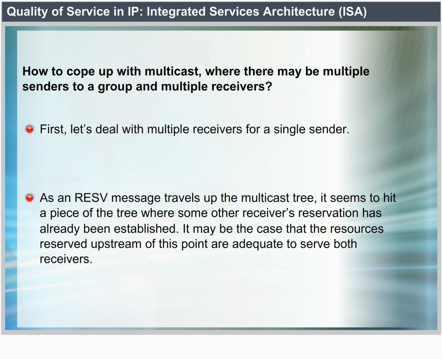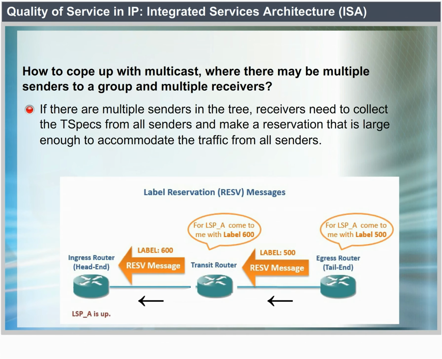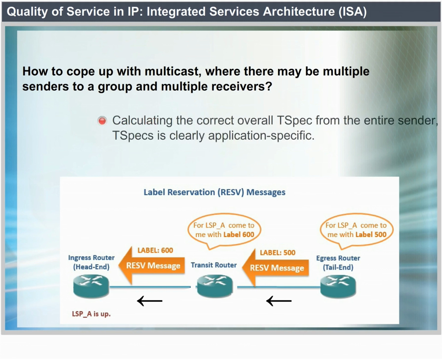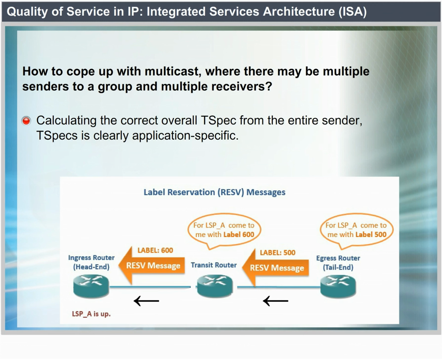If there are multiple senders in the tree, receivers need to collect the T-spec from all the senders and make a reservation that is large enough to accommodate the traffic from all senders. However, this may not mean that the T-specs need to be added up. Calculating the correct overall T-spec from all the senders' T-specs is clearly application specific.